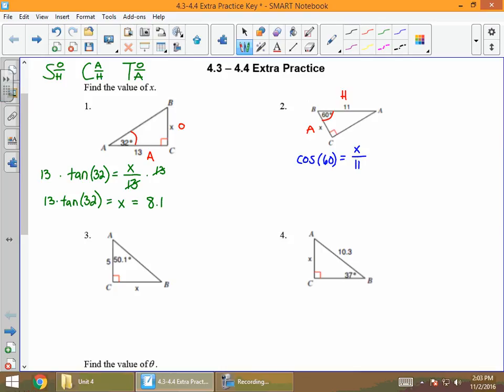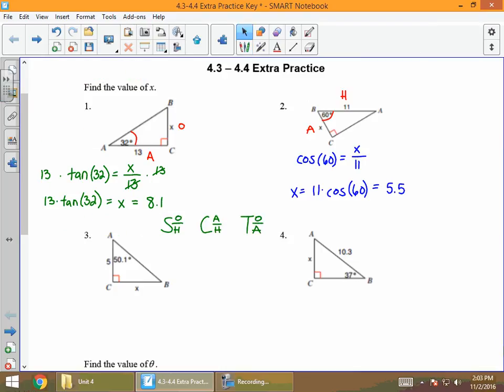Again, that's X divided by 11. So I'll multiply both sides by 11. So X is equal to 11 times the cosine of 60. That's what goes into the calculator. Type in 11 times cosine of 60, and you should get 5.5. I think that may be exactly 5.5.